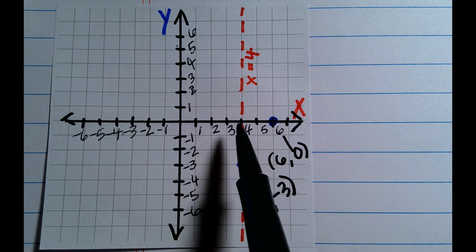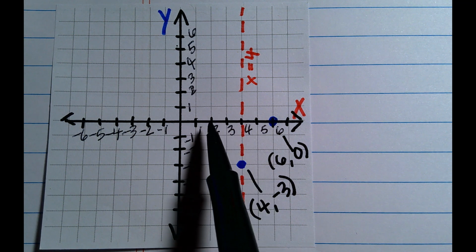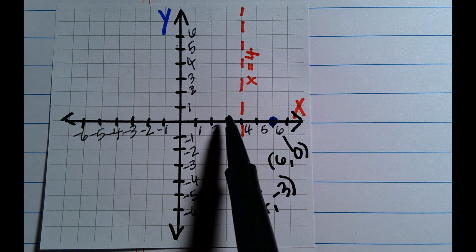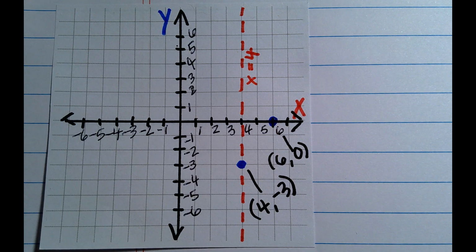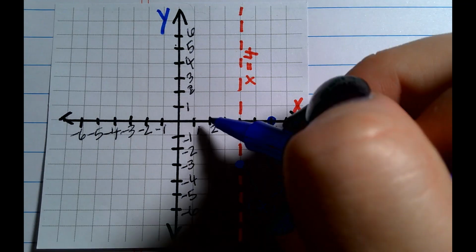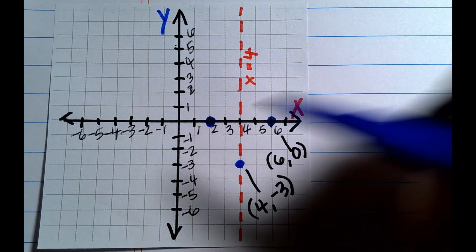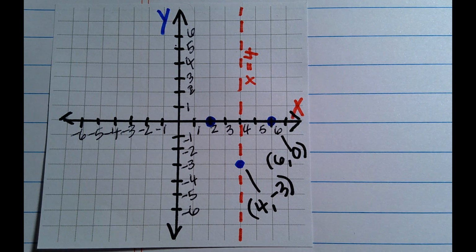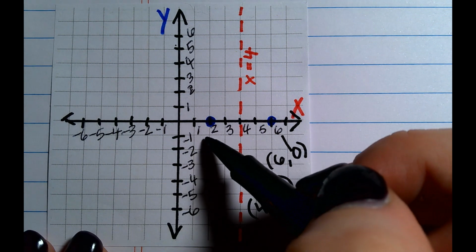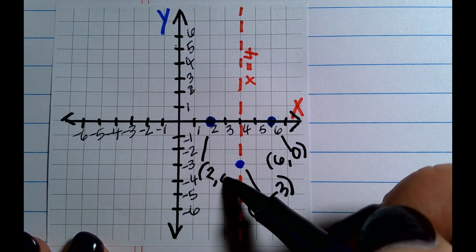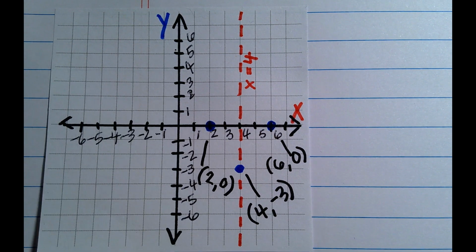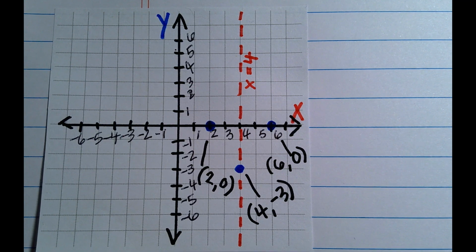And then we want to do the same thing on the other side of the dotted line. Go over 1, 2, and make a point at 2, 0. So, point here at 2, 0. Okay. I'll let everybody get up to there.